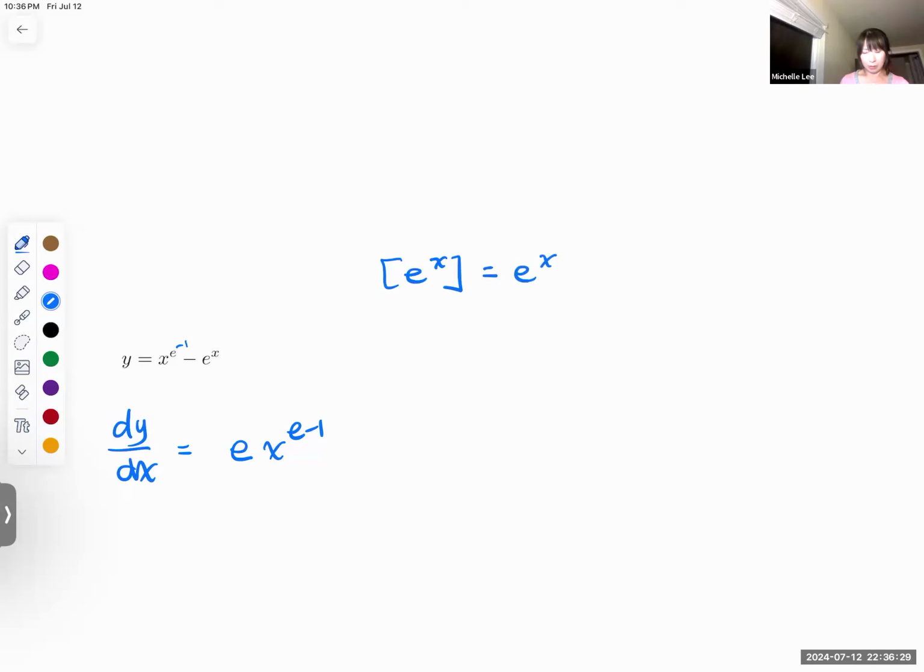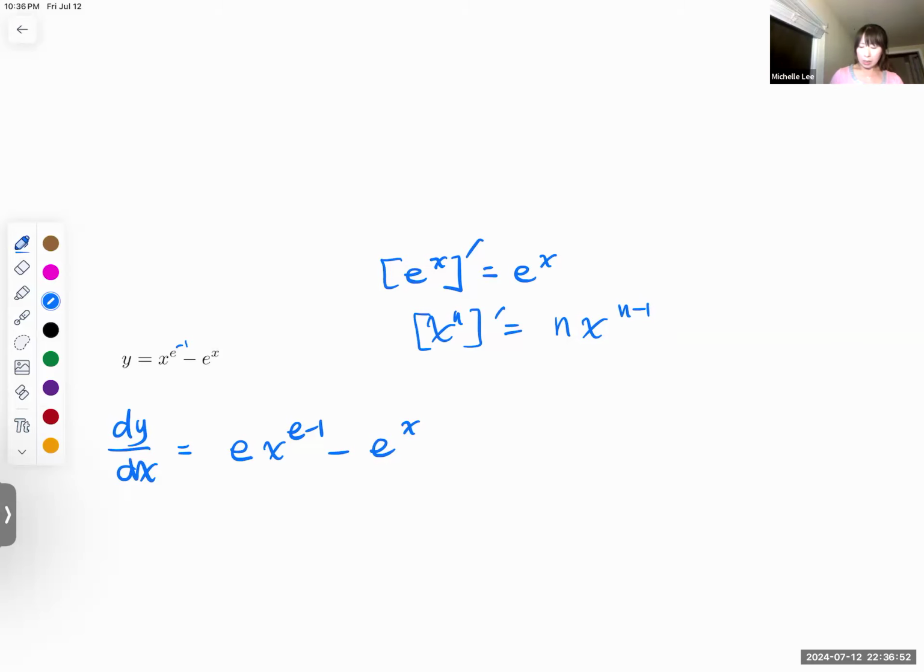Same thing, right? Then minus e to the x power. That's it. All right, be careful: if we have x to the n, then drop the power and minus 1, yeah?